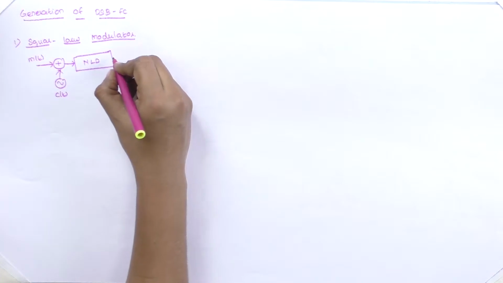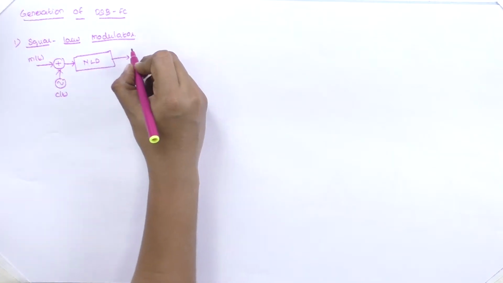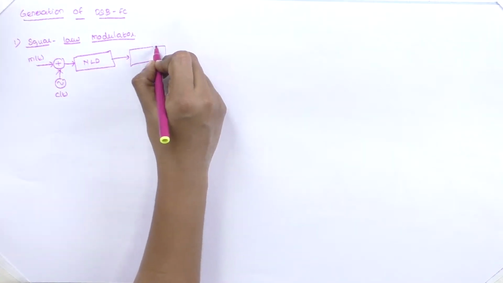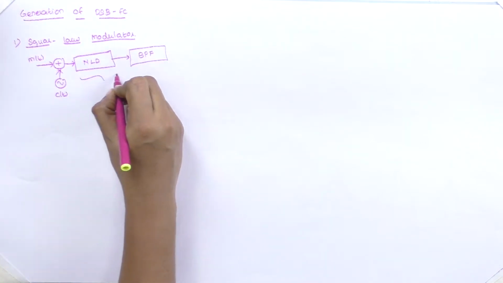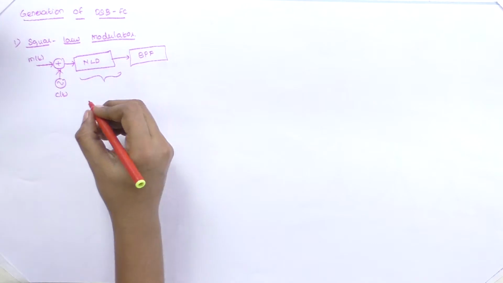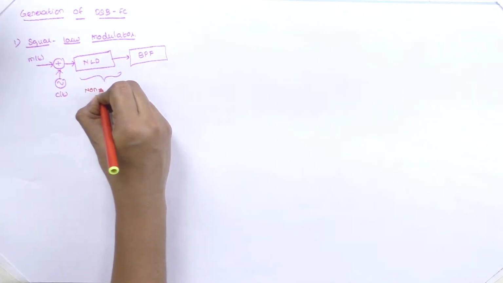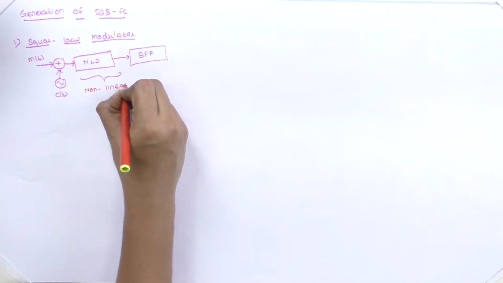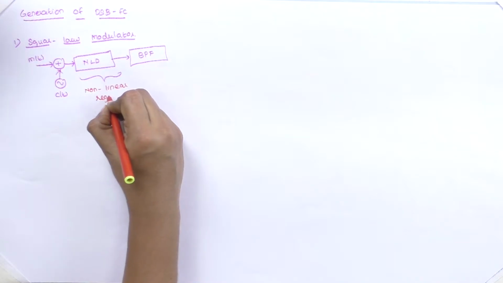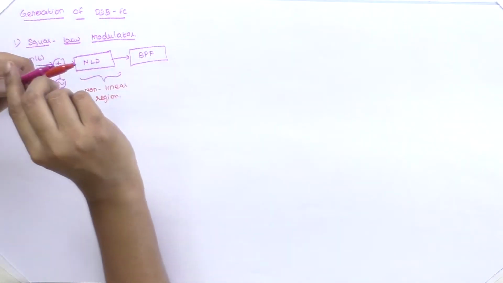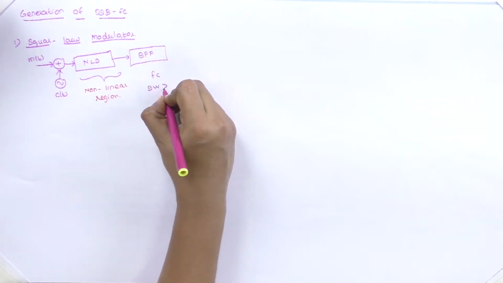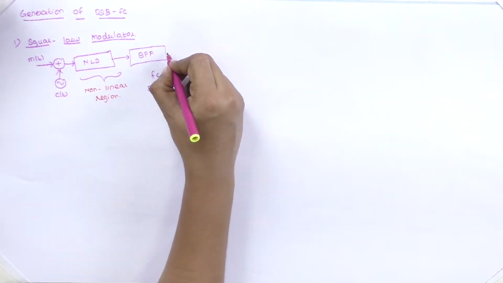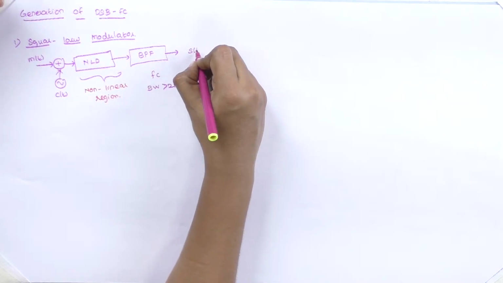NLD stands for non-linear device. Then the resultant is applied to the band pass filter. Here our diode is acting in a non-linear region. Our band pass filter is centered at FC and the bandwidth must be greater than 2 FM. The resultant is our S of T, the amplitude modulated wave.